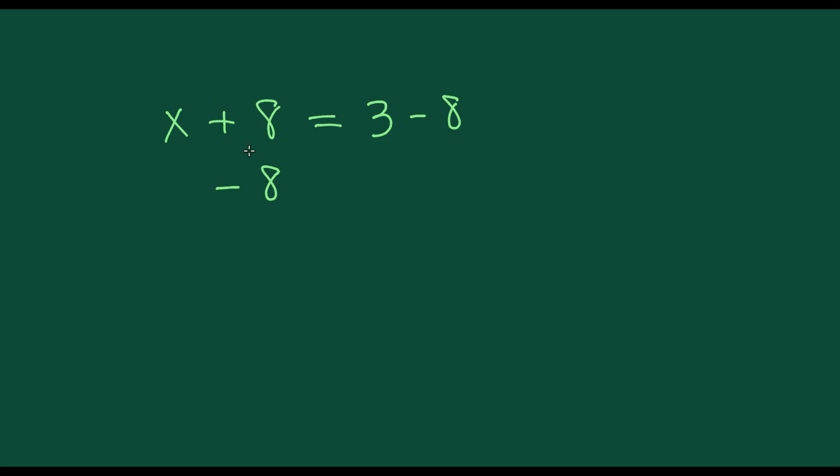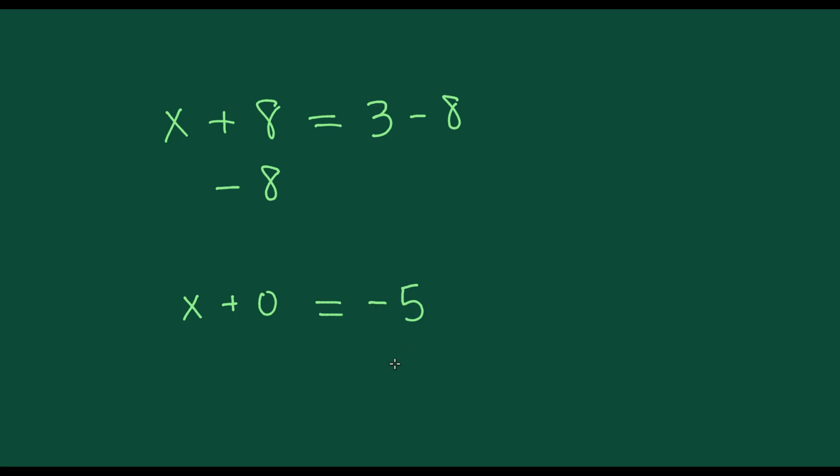Over here, a positive 8 minus 8 equals 0. So our next step, x plus 8 minus 8 is x plus 0. Or if you wanted to, you could say x minus 0, that would be fine. Then equals 3 minus 8, which is negative 5.